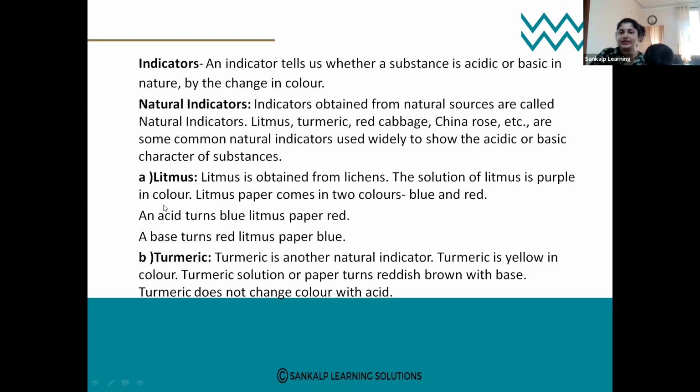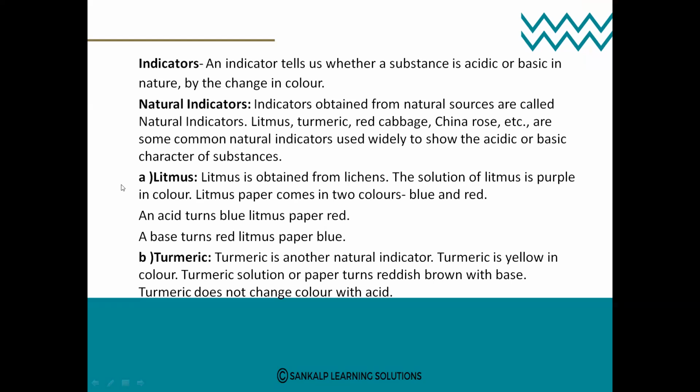Now we'll see each example. The first one is litmus. From where is litmus obtained? Litmus is obtained from lichens. This litmus paper is commonly used by students in school laboratories.